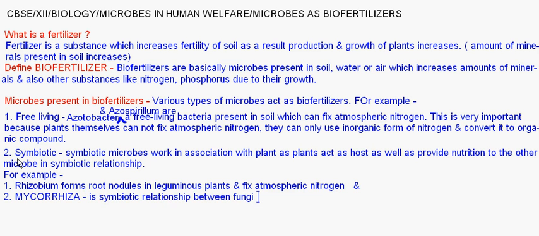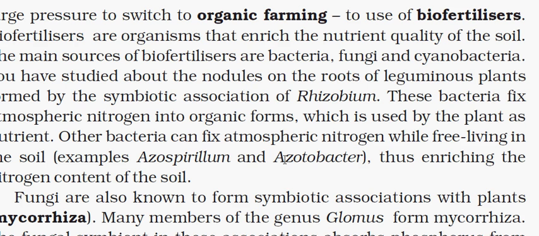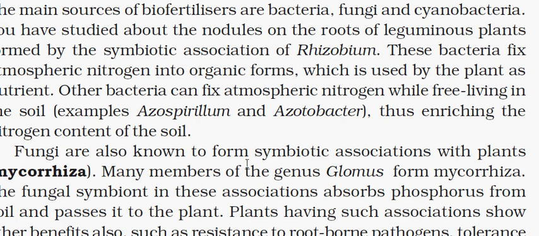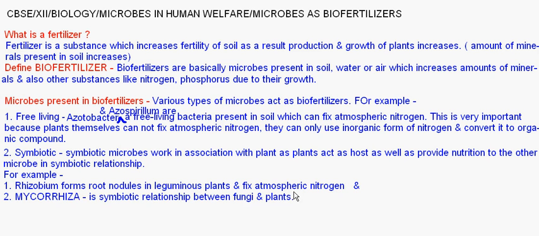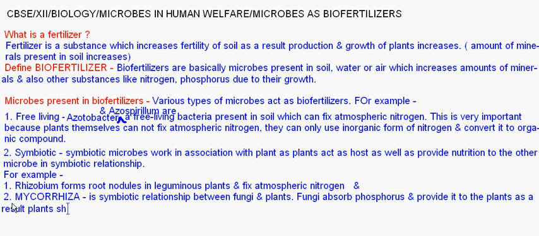Glomus forms mycorrhiza, and the fungi absorb phosphorus and provide it to the plants. As a result, plants show more growth and also tolerance to high salinity and drought.